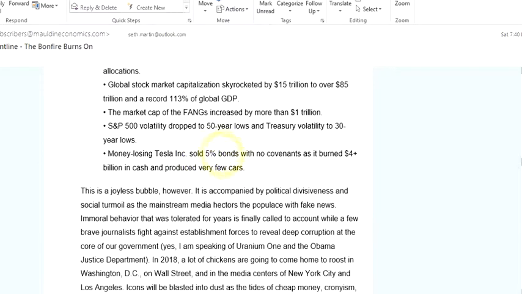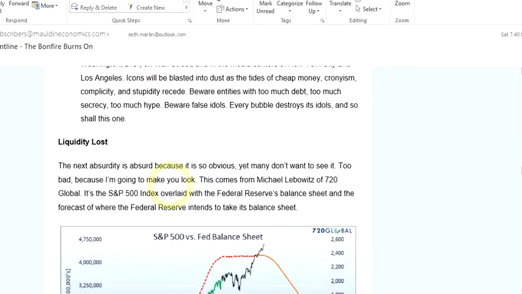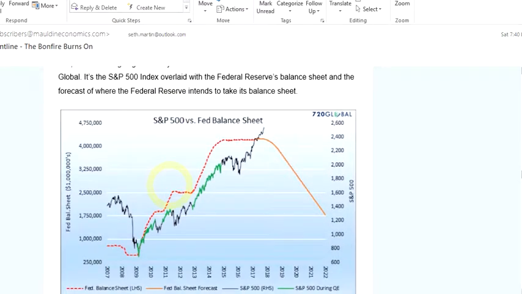So no covenants. You don't have to give up part of the company or anything like that if they default on these. They just default and you're screwed. So there are some interesting facts, okay?